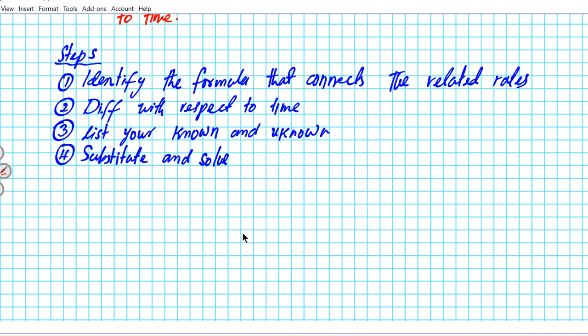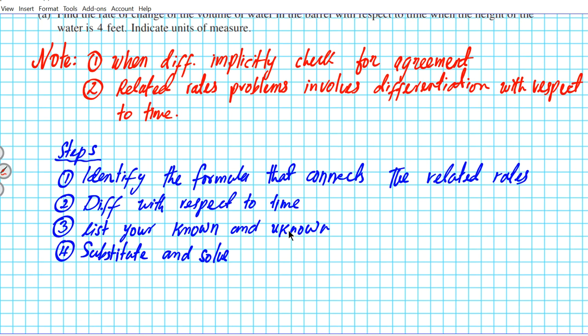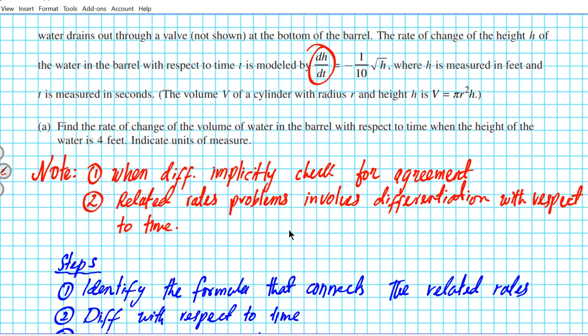All right, so first of all, let's go ahead and identify the formula that relates the rates that we're dealing with here. So you might say, what rates are we looking at? Well, we're looking at rate of change of volume, and we're given rate of change of height, dh/dt. Okay, so what formula relates volume and height?